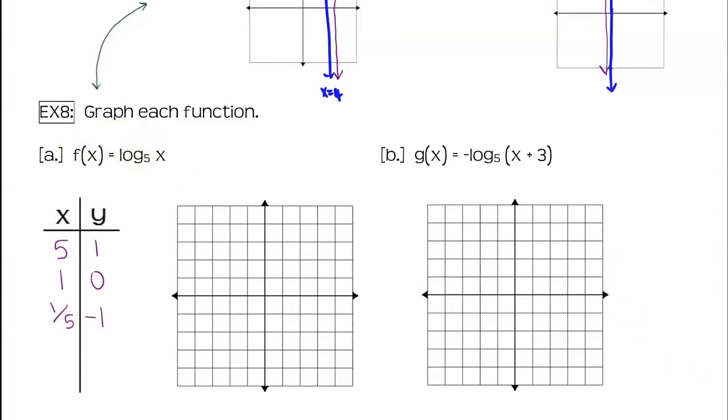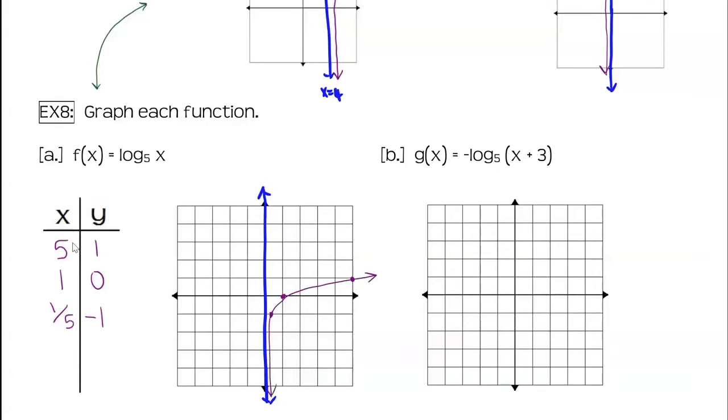This is not shifted left or right, so my asymptote is not going to move. And if I plot these 3 points, (5, 1), (1, 0), and (1/5, negative 1), this is what the log curve will look like.